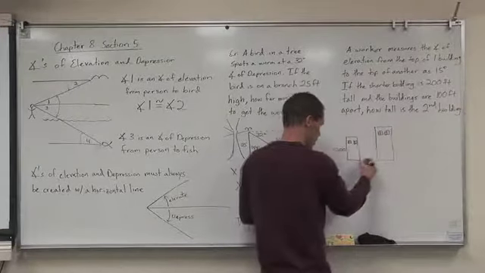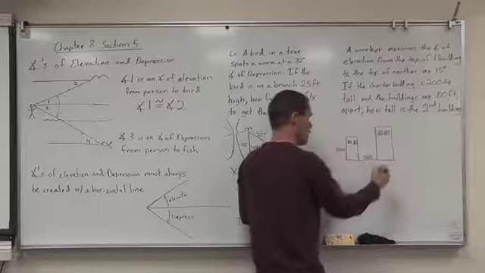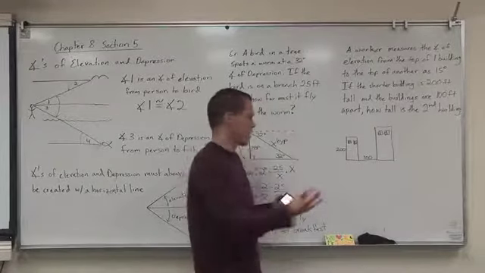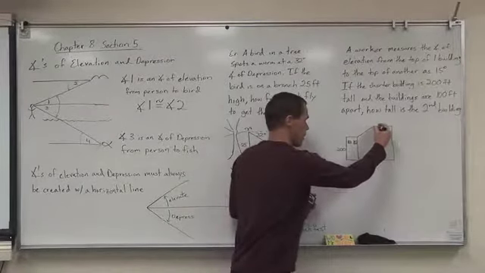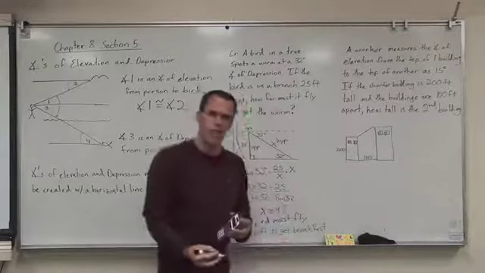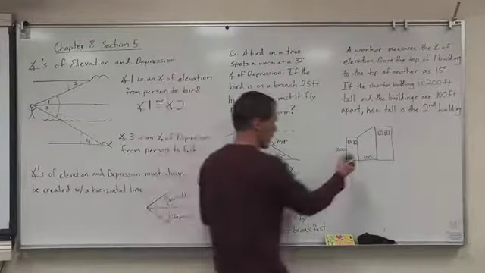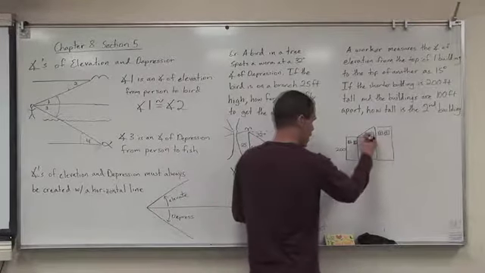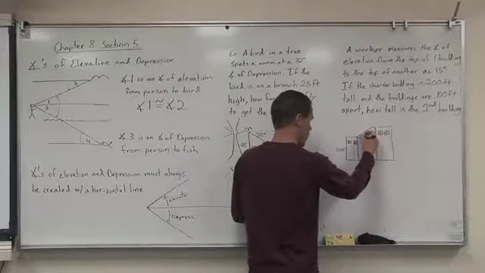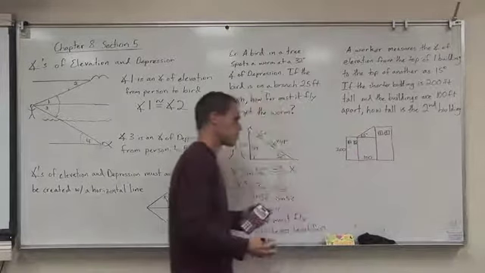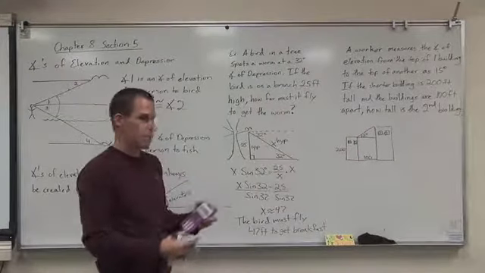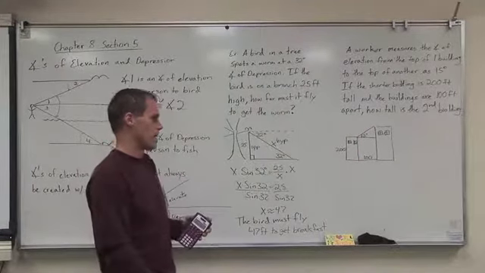And the buildings are 100 feet apart, and the angle of elevation, my picture is not super large, but the angle of elevation from the top of one building to the top of the other is 15 degrees. So that becomes 15 right here. Hopefully we can see this. 15 degrees is my angle of elevation.